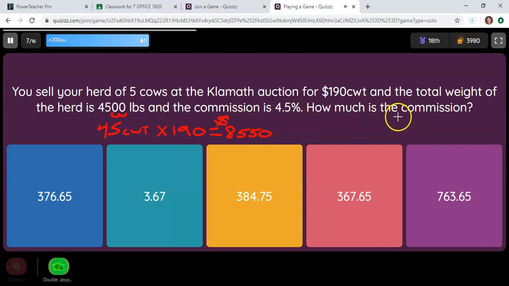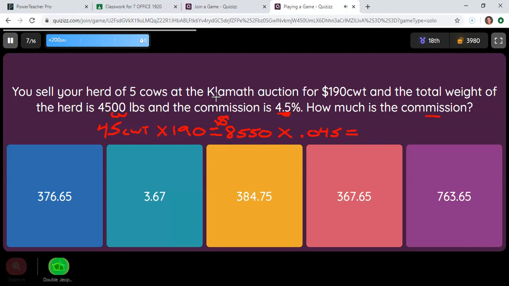And the question, though, is asking how much is the commission. So then we're going to multiply it times this value here. So that's going to be times 0.045. You could, on your calculator, type in 4.5%. Make sure you press the percent key. It's a good habit to get into, to know that that percentage is converted to a decimal, 0.045.